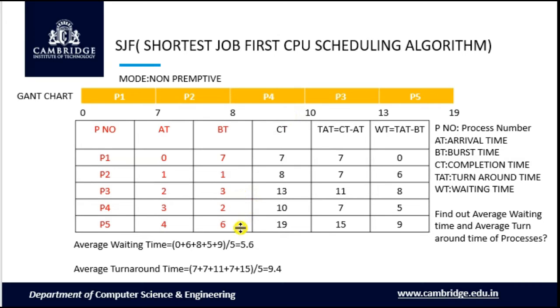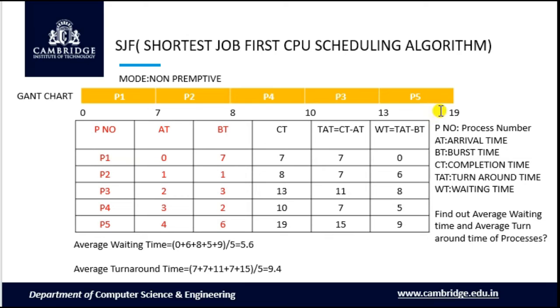Now P3's burst time is 3 and P5's is 6, so obviously we consider P3's burst time. That means 10 plus 3 equals 13. Afterwards, P5 is remaining, with a burst time of 6. P3 is completed at the 13th unit of time, and 13 plus 6 is 19.